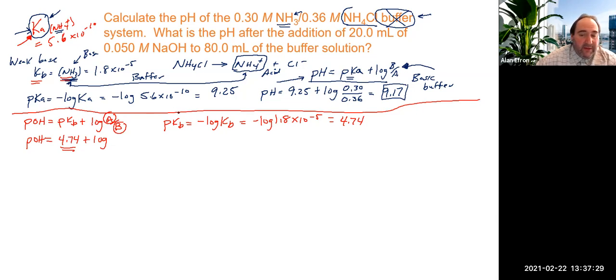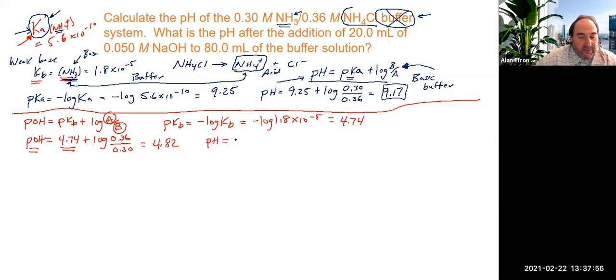So we put the NH4 on top: 0.36 divided by 0.3, take the log and add 4.74 to it. That gives us a pOH of 4.82. Remember, if you use this equation, that's the pOH, not the pH.